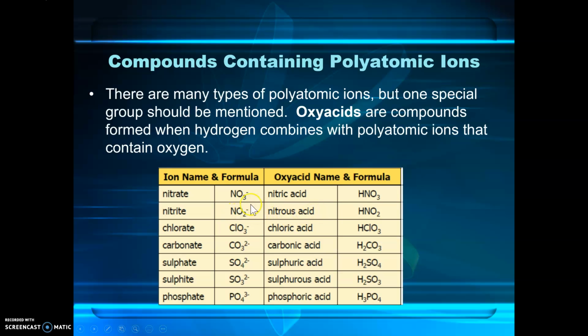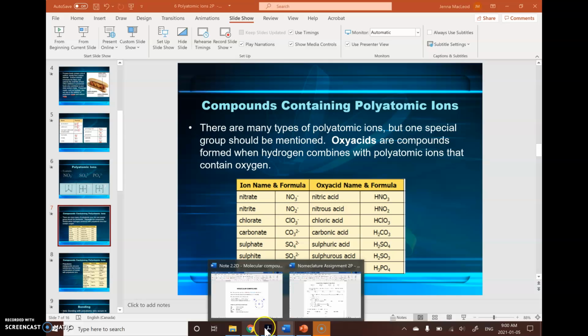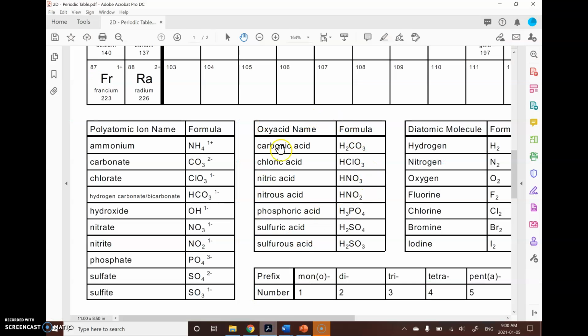Nitrite bonds with a hydrogen, and you get nitrous acid, and so forth. When we get into acids and bases, again, on your periodic table I provided you with a chart. We're not going to be really dealing with these today. In another lesson we will be, but they're here for your reference, so you don't have to memorize it. It's right here.